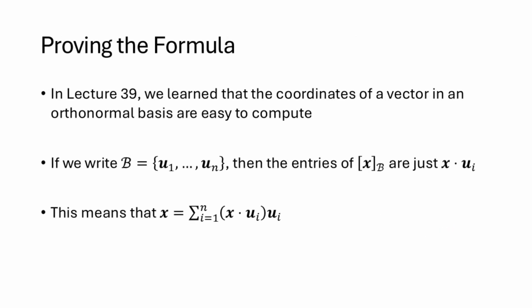In lecture 39, we learned that the coordinates of a vector in an orthonormal basis are easy to compute. If script B equals u1 through un is an orthonormal basis for R^n, then the entries of the coordinate vector of x relative to the basis B are just x dotted with ui. And that just means that x is equal to the sum of those coordinates times the u vectors.